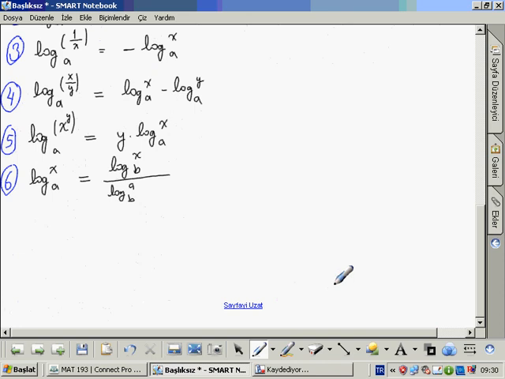That's the last law for logarithms, and let me continue with some examples about these functions.